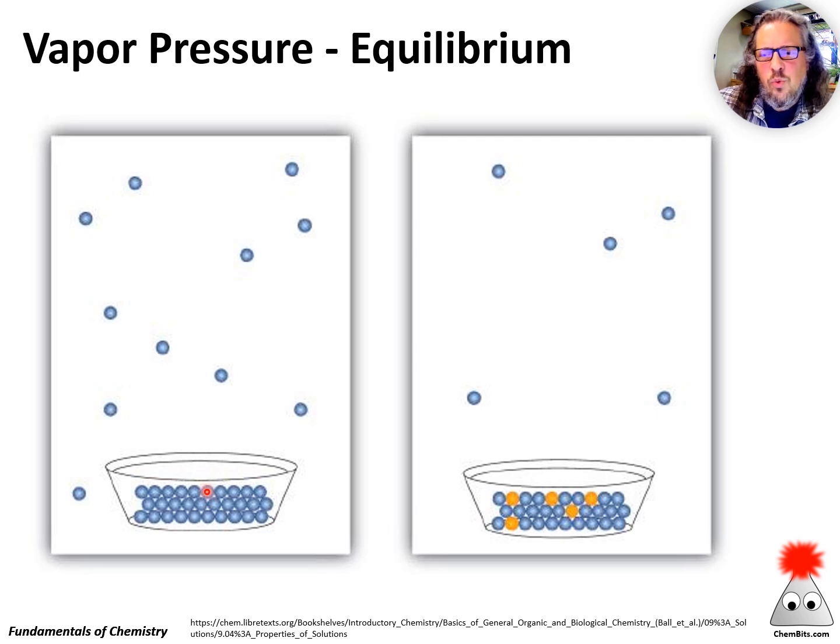We said that the rate of particles leaving the liquid phase into the gas phase is equal to the rate of particles going from the gas phase back to the liquid phase. That doesn't mean that it's the same particles that are up here in the gas, but it means that on average over time, there are the same number of particles up here. That is equilibrium. The rate of the reaction of going from liquid to gas is equal to the rate of going from gas to liquid.